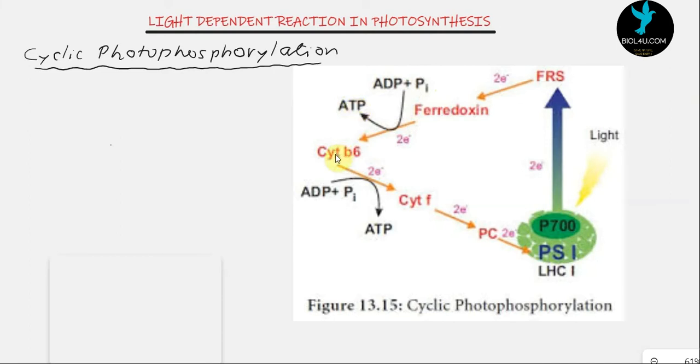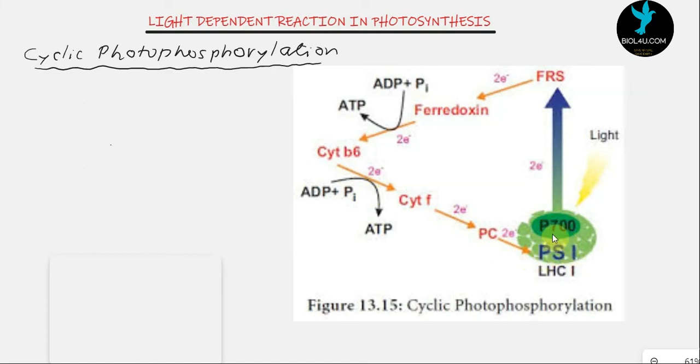Then from the cytochrome B6, the electron is transferred to the cytochrome F. During this time also sufficient energy is released, and that is utilized for the reaction ADP plus inorganic phosphate, and ATP is formed. Then the electron is transferred to the plastocyanin. From the plastocyanin, the electron gets back to photosystem 1.